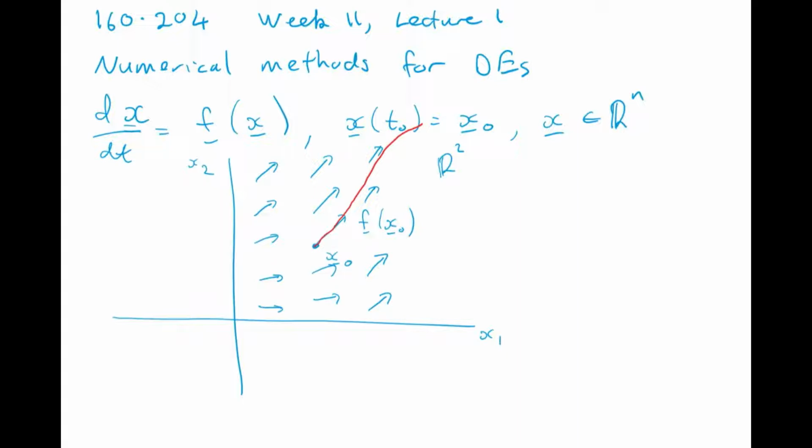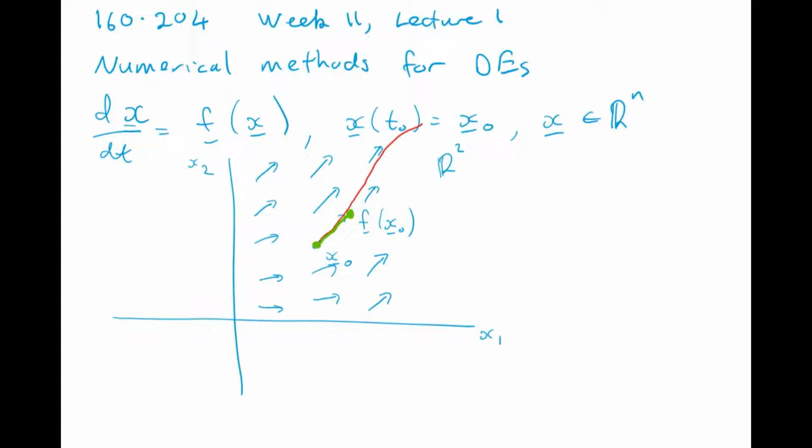And the idea of Euler's method is very, very simple indeed. It says start here and just take a straight line step for a certain amount of time in that direction. I've tried to draw it there so that you see that the true solution is bending away because it's following slightly different arrows now.